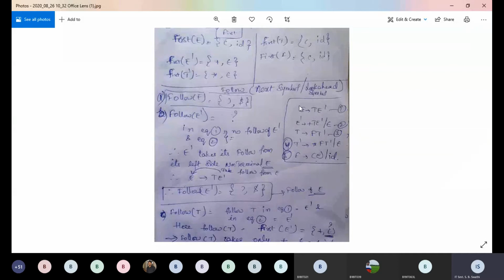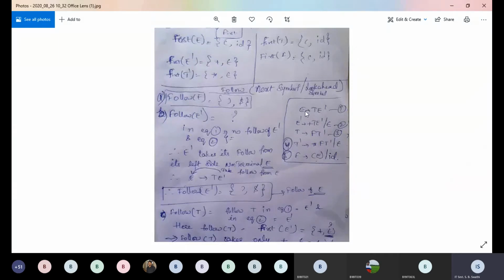Now we are trying to find out, in case we are using this production for capital E in our top-down parsing method, how we can replace capital E. If you expand this capital E, what are the strings that can be generated, that we have to see. What are the terminal values we can generate ultimately at the bottom of the tree?